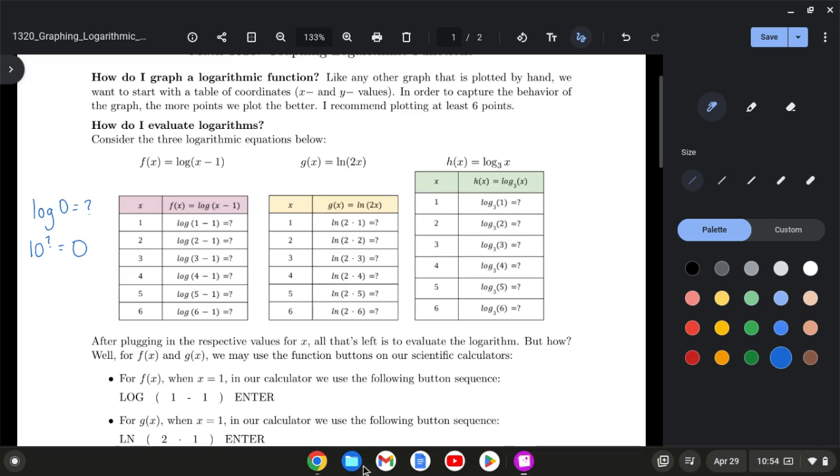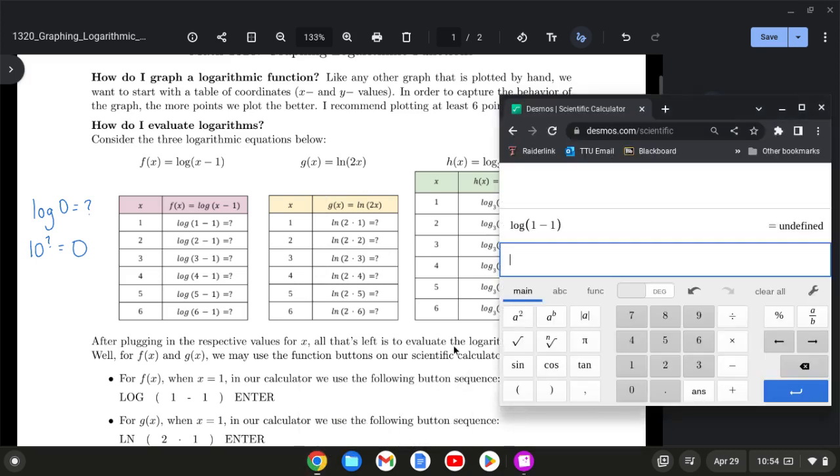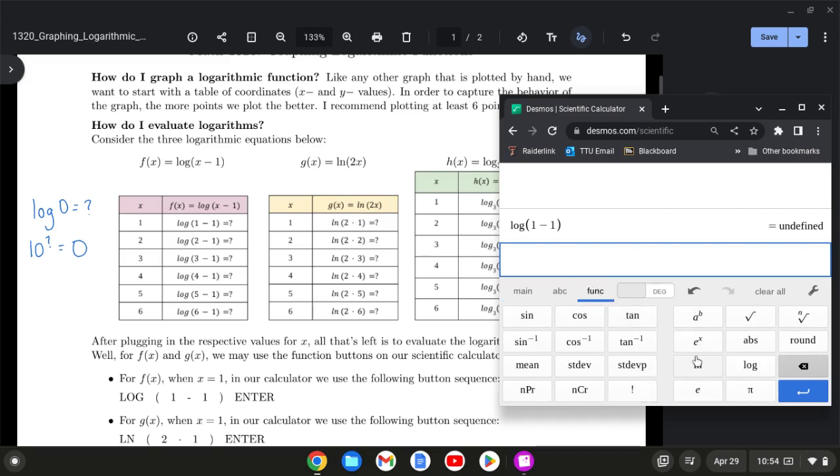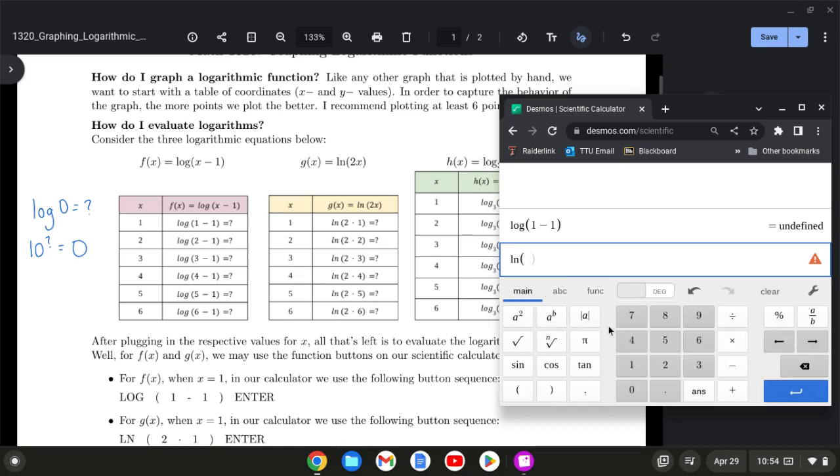All right, so then if we continue and we want to evaluate g of x when x equals 1, well, this time we're working with the natural log, or log base e. So on your calculator, it's going to have an ln. Okay, and then you'll click the button.